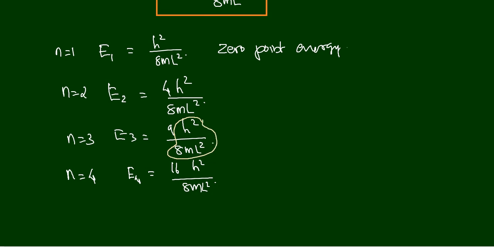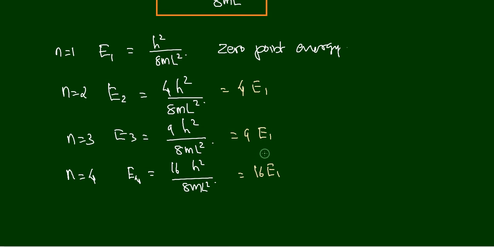And the next one is 16 times the minimum energy. So we can write like that. This is E1, and this is equal to 4 E1, this is equal to 9 E1, and this is equal to 16 E1. So this is how the energies are allowed.